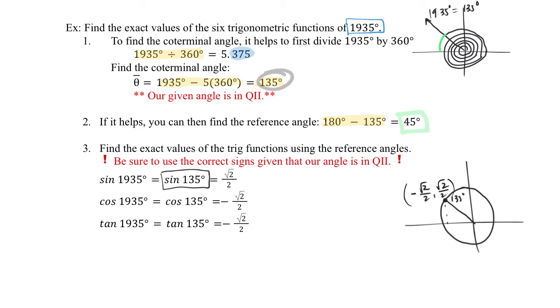Then I can come up with the sine. The sine is the y value, so that's a positive root 2 over 2. The cosine is the x value, so negative root 2 over 2, and then the tangent is y over x, so that would be negative 1.